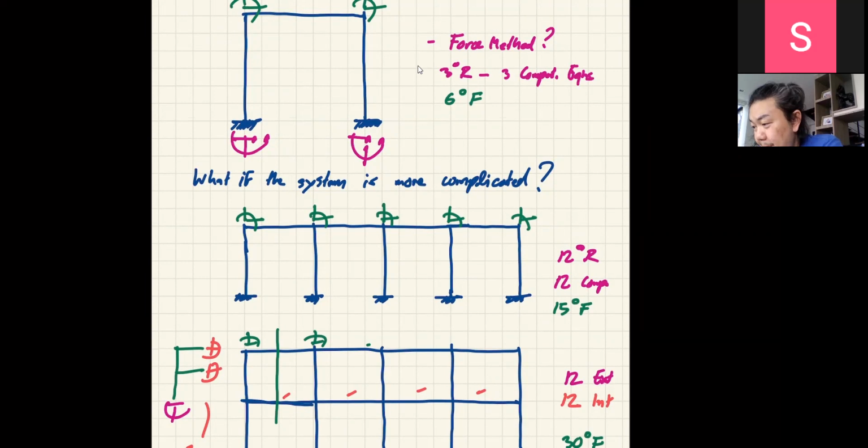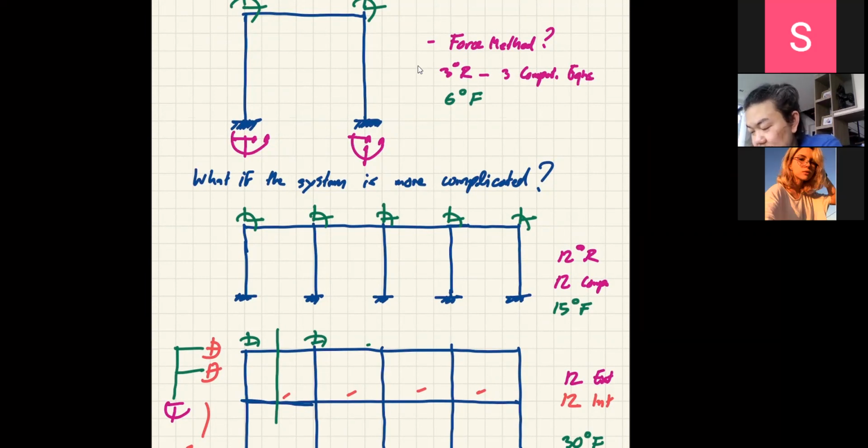How many? 10. 10, that would mean 5 rotations. And what about the other 5? Of course, you can neglect this vertical displacement, because now we don't care about the change of the deformation of the column itself. So we can neglect this vertical displacement. 5. What about the other 5, where do they come from?